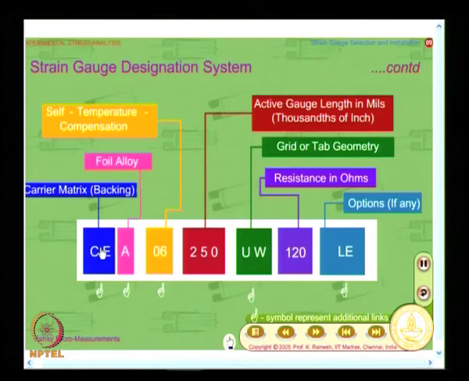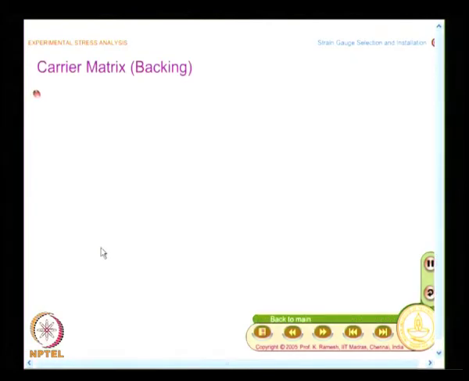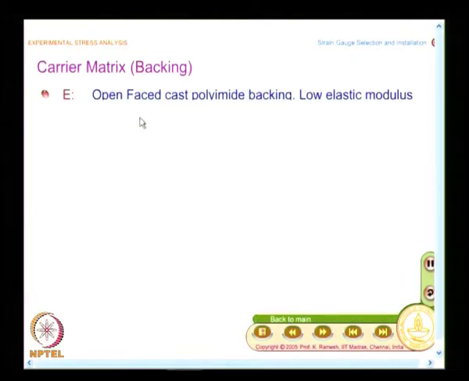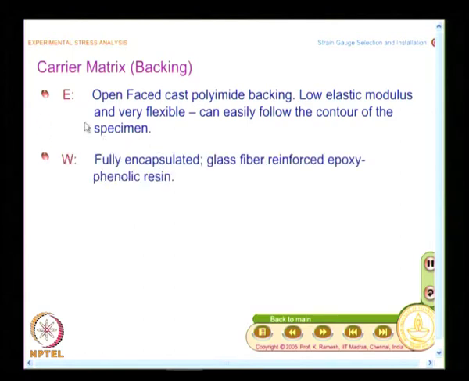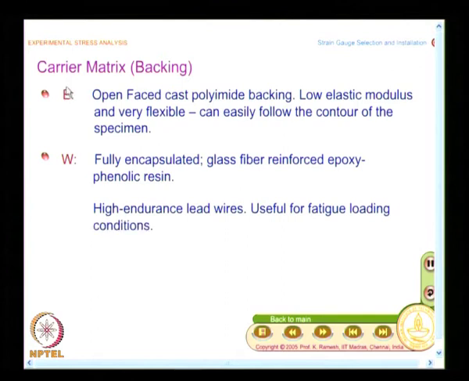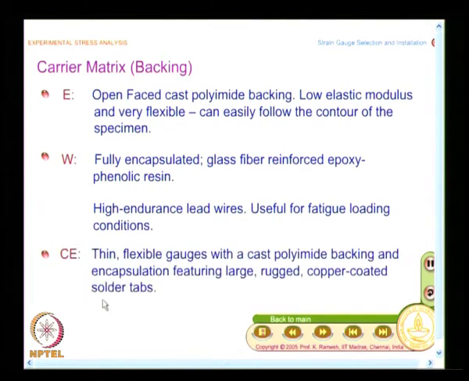And when I go to carrier matrix or backing, I have a list of symbols. The idea is to give a flavor of what happens when I have a symbol E, symbol W, symbol CE. So, when I have E, it is simply open faced cast polyamide backing, and when I say W, it is fully encapsulated.